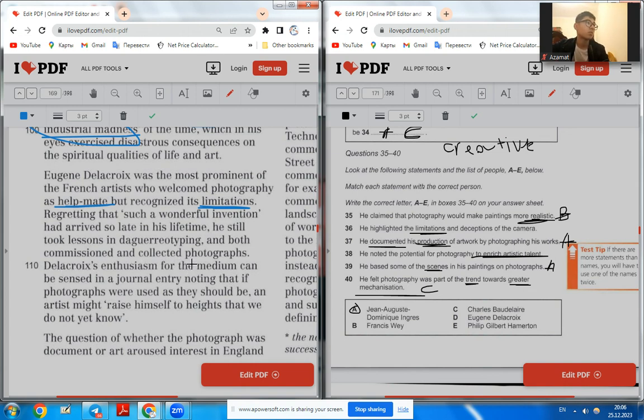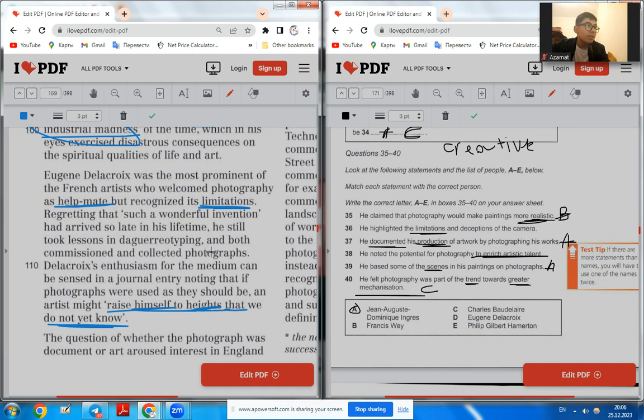Delacroix's enthusiasm for the medium can be sensed in a journal entry noting that if photographs were used as they should be, an artist might raise himself to heights that we don't yet know. So, has he highlighted the limitations yet? No, right?